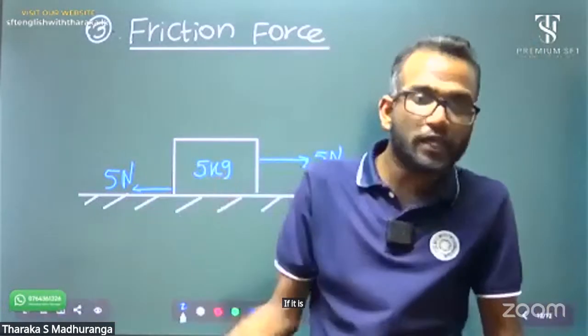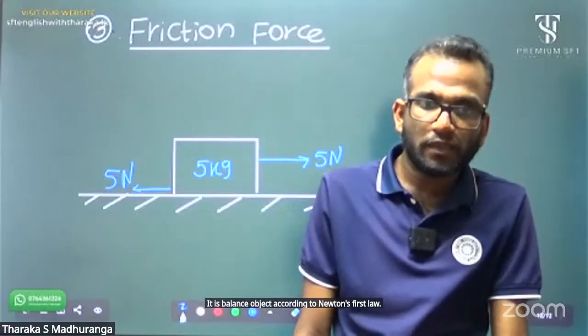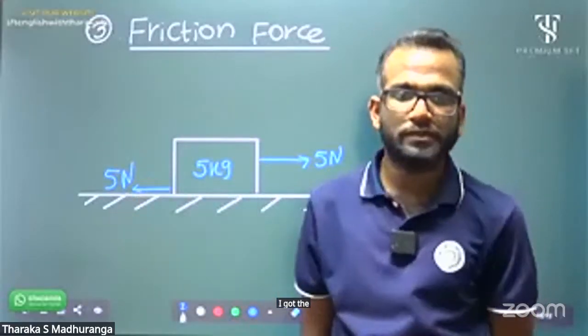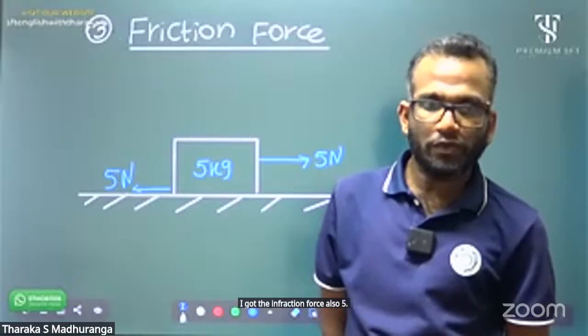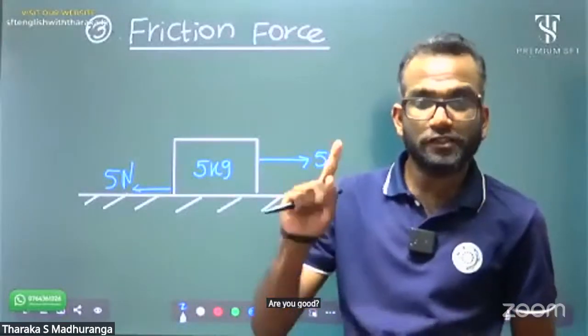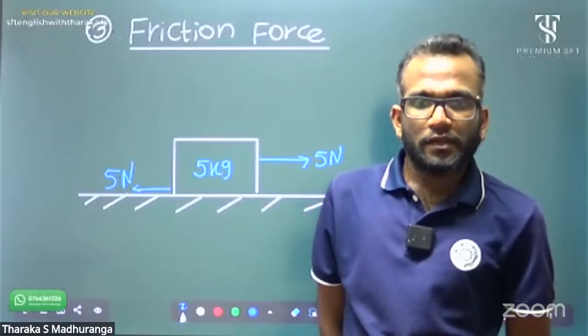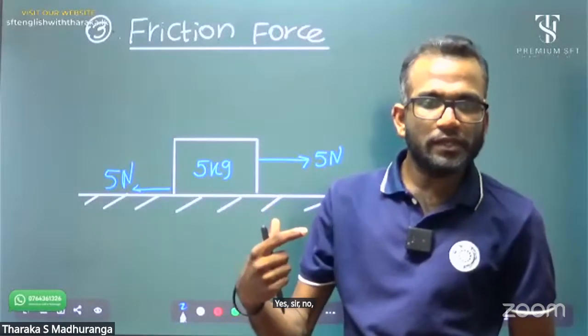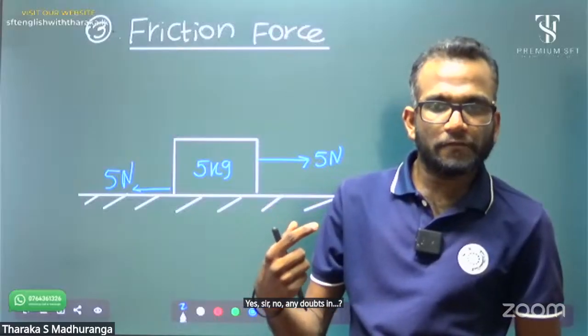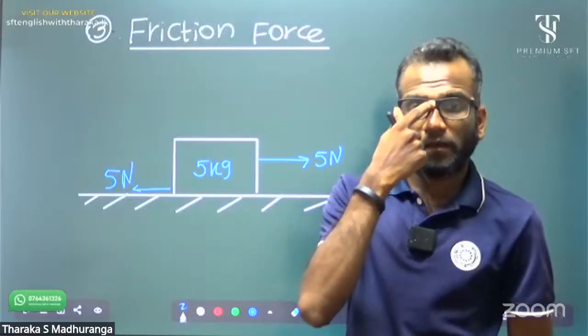It is a balanced object according to Newton's first law. I got it. Then the friction force is also 5. You got Newton's first law? Yes or no? Any doubts?